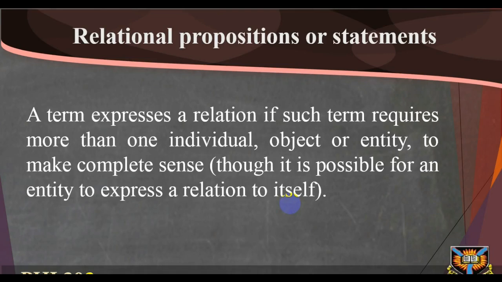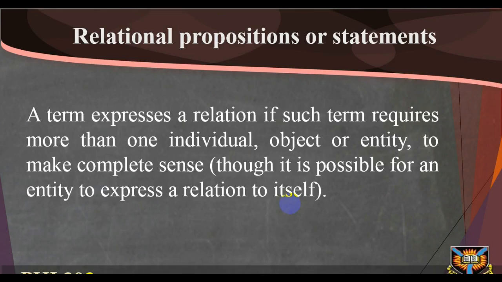For example, the proposition Adebayo is snub-nosed expresses a one-place relation, while the proposition Bello is the teacher of Ofo expresses a two-place relation because it requires two individuals to make complete sense.